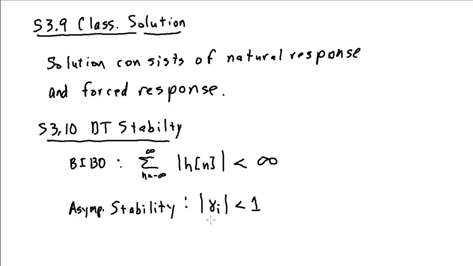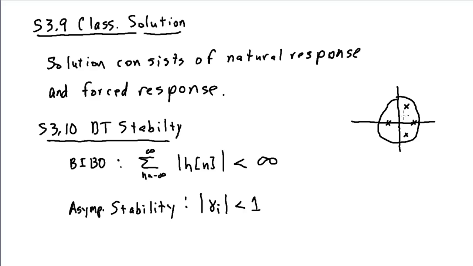Generally we can represent our characteristic roots as complex numbers, so they'll be positioned somewhere on the complex plane. They might be in the right half plane. Some of them might be in the left half plane. Right half and left half planes are unimportant as far as stability is concerned for discrete time systems.